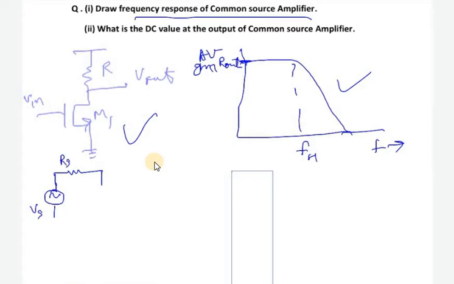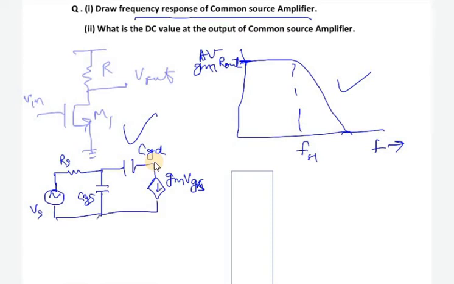This is the gate terminal, and this capacitance is CGS. The capacitance between gate and drain is CGD. This is the current source gmVGS.